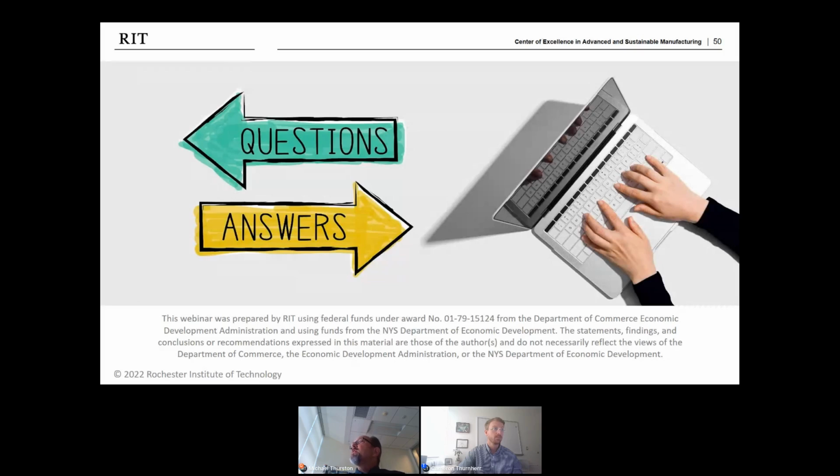Another question on cloud versus on-premises deployment of analytics. Is one more secure than the other? The tools that I talked about, Microsoft Power BI and Tableau, are both available either on-site or in the cloud, and the cost implications are a little bit different. I think that's true of most of the tools.